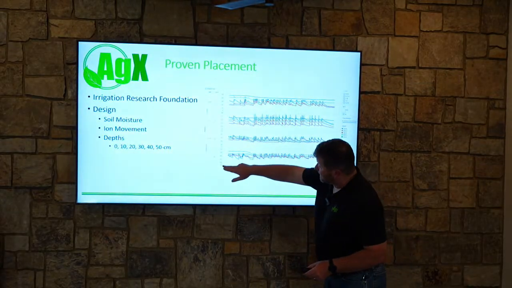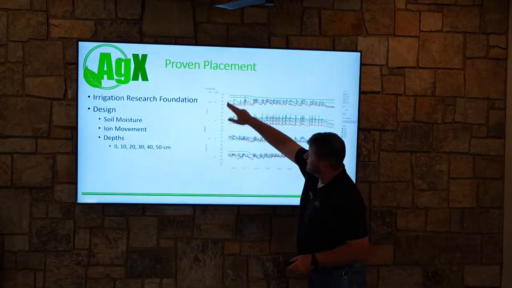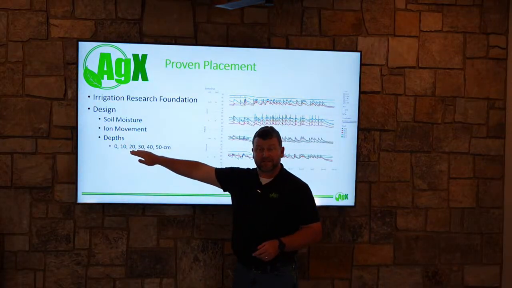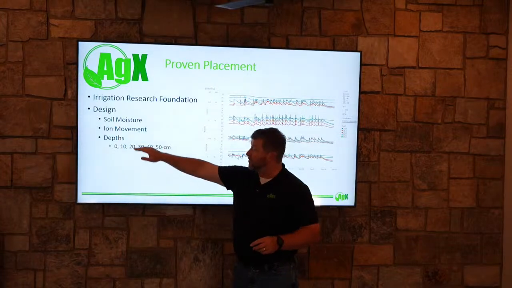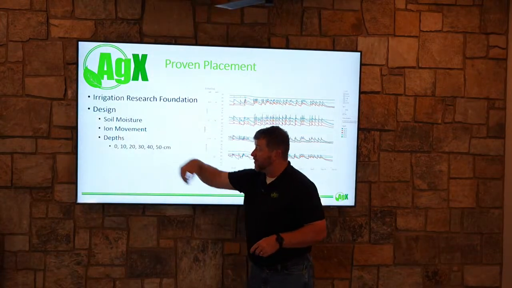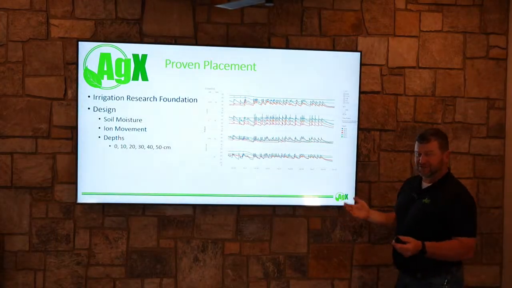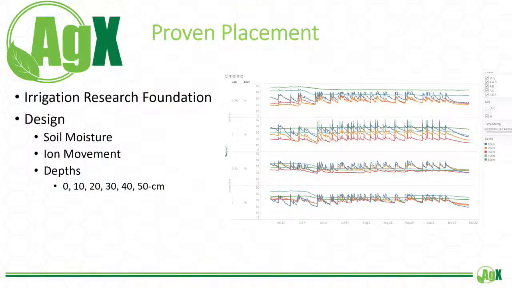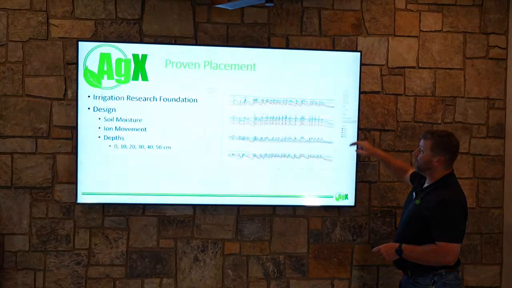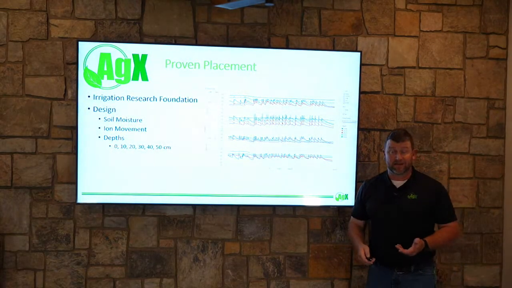Then all of these from 0 to 50, these are simply the depths that we are measuring in either the water, the soil moisture, or that ion movement. And then all of the different colors, which are kind of pretty, right, are going to be all of the different depths. So blue is going to be 10, going all the way to green at 50 centimeters.